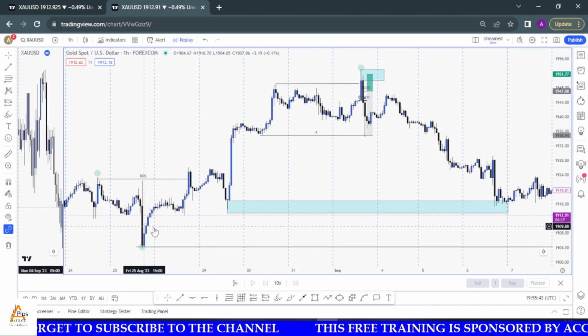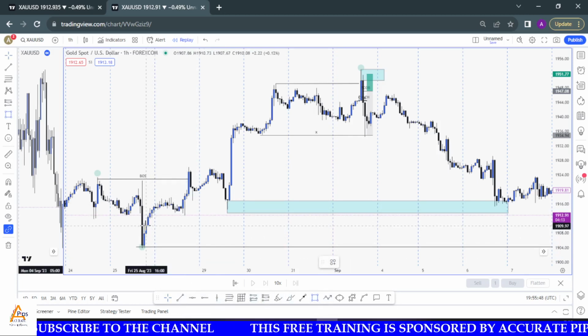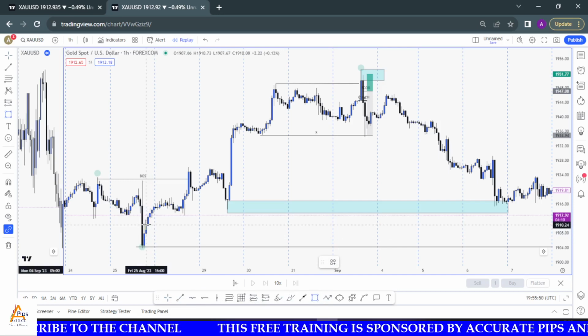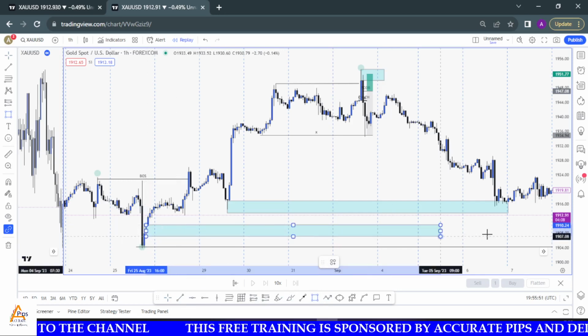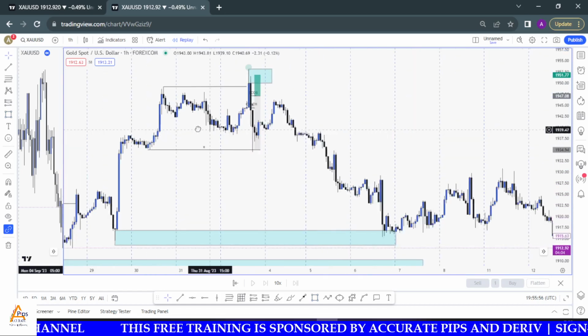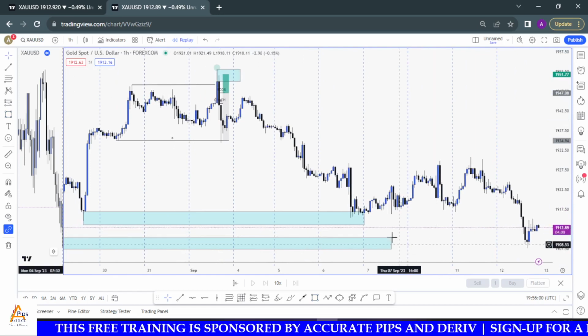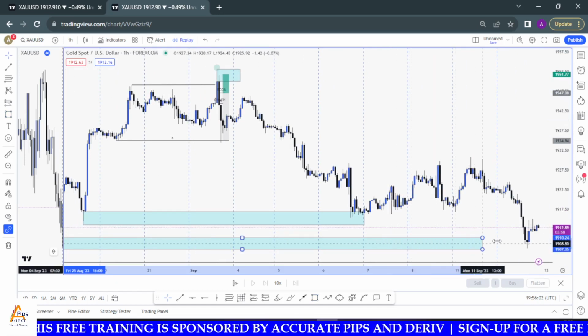So you know, imbalance is also a zone. Sometimes you can use it. So I'll use this candle here as my extreme OB. Okay, so let's see what happened. This is our extreme OB.